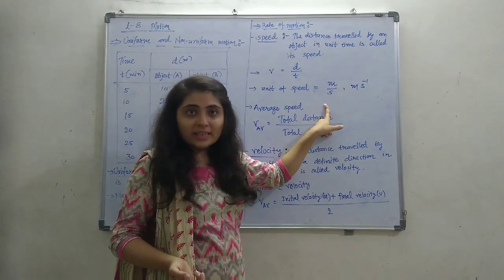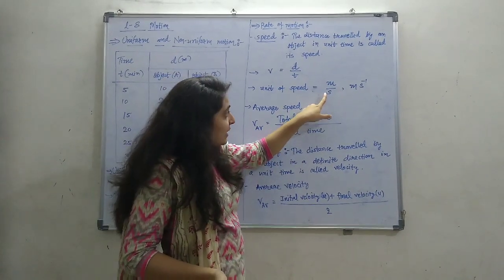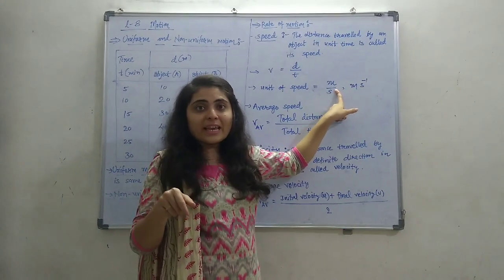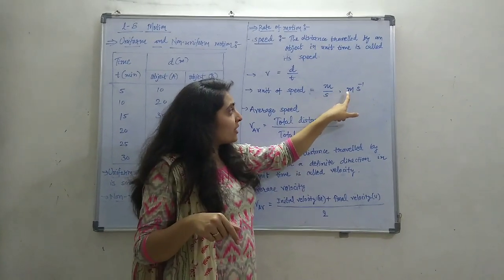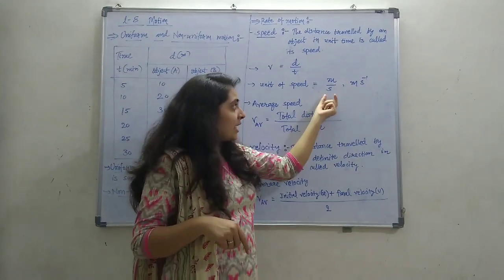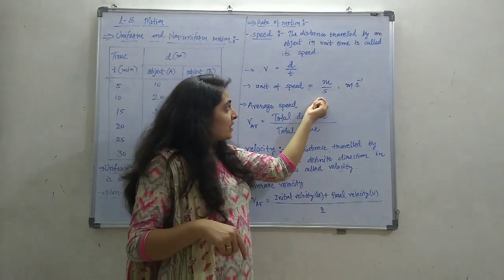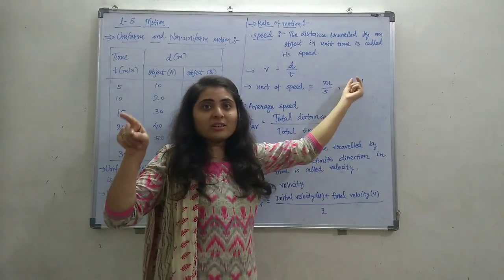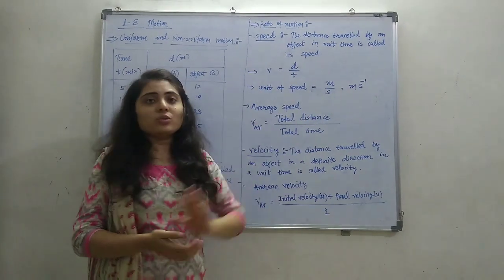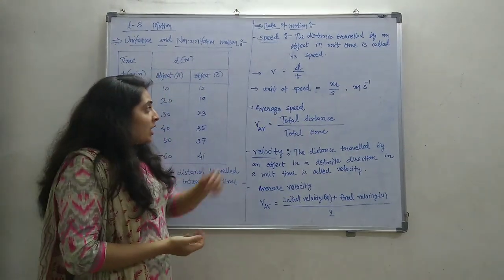Meter per second. And if the second in the denominator goes to the numerator, the power becomes negative. So it is also written as meter second inverse. The meaning is the same. So this is the unit for speed.